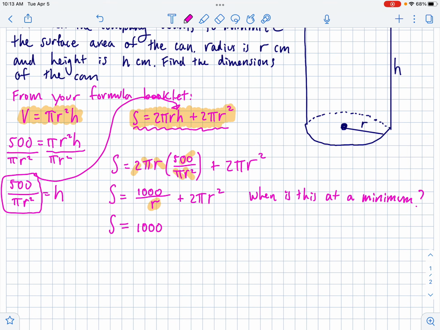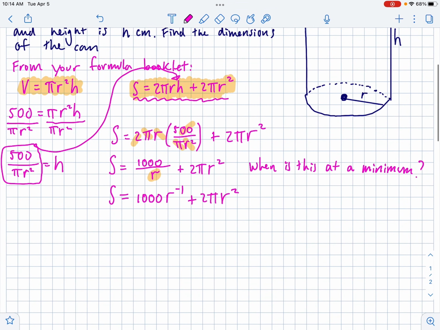So, to find the derivative, we first need to take this and kick it back upstairs, which we've done in a few problems. This will be 1,000 r to the negative 1 plus 2 pi r squared.